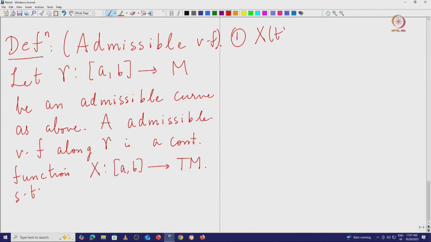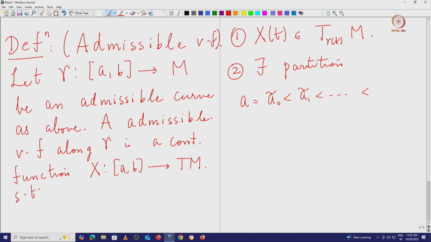Firstly, x of t is a tangent vector at gamma of t, and there exists a partition, which I will denote by a naught tilde, a1 tilde up to am tilde, such that x restricted to each subinterval is smooth.